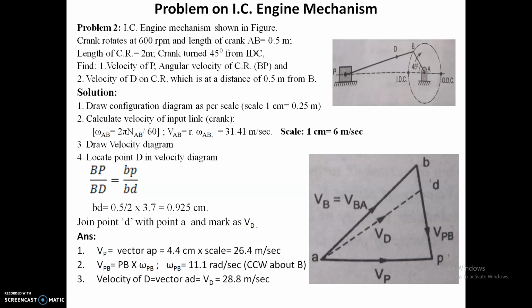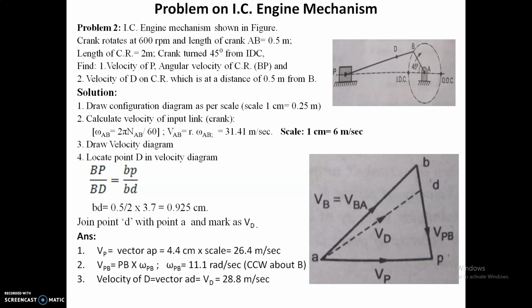So before making a velocity polygon, the different basic steps are given that we had discussed in the previous problem. First of all, you draw the same mechanism with the help of a scale.